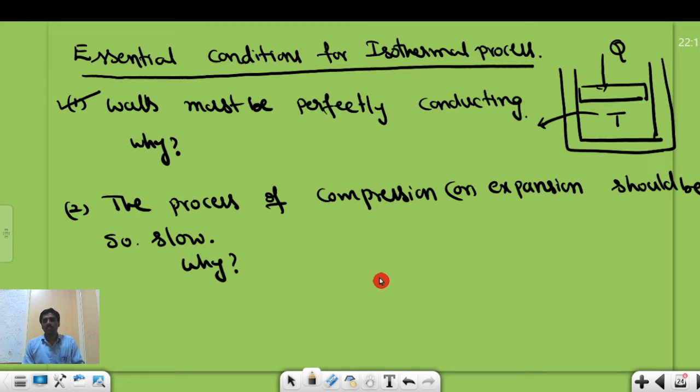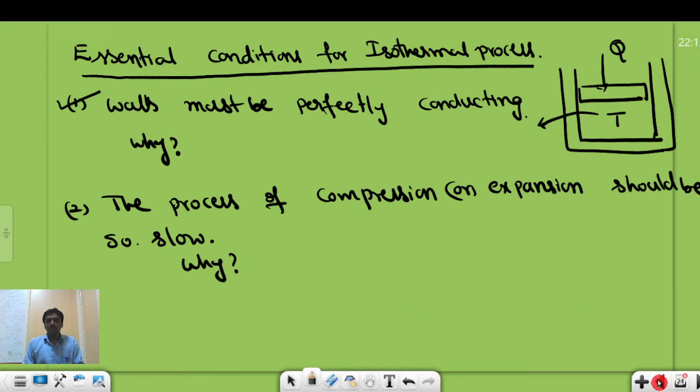Once again, if the process is done slowly, we are giving the provision to transfer the heat energy from the system to the surroundings as well as the surroundings to the system. Only then can the temperature be maintained constant. So there are two conditions. Condition number 1, the walls must be perfectly conducting. Condition number 2, the process must be very slow. It may be compression, it may be expansion.